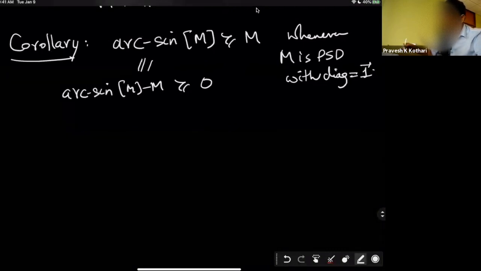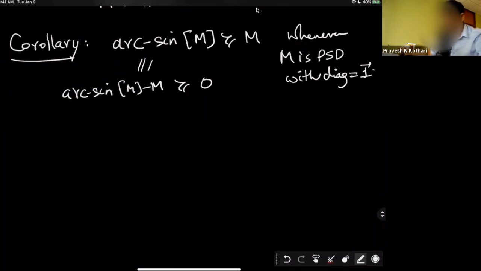The reason I can write it like this is because it turns out that it's a partial order on PSD matrices, and it's called the Loewner order. It's not important. We're not going to use anything fancy about it. Good. So why is this true?